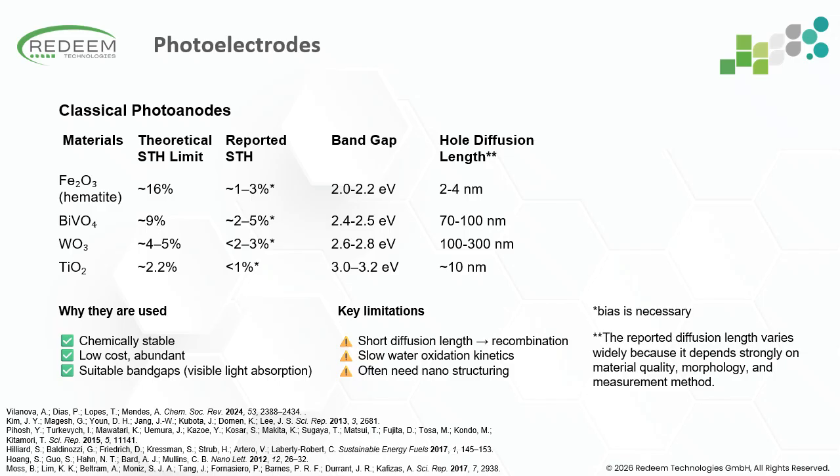In contrast, materials like bismuth vanadate or tungsten oxide have much longer diffusion lengths and therefore generally show better charge collection, although they have wider band gaps and lower theoretical efficiency limits. Overall, the reported efficiencies here are still well below the theoretical limits, mainly due to recombination, slow water oxidation kinetics, and the need for nanostructuring to compensate for short diffusion length.